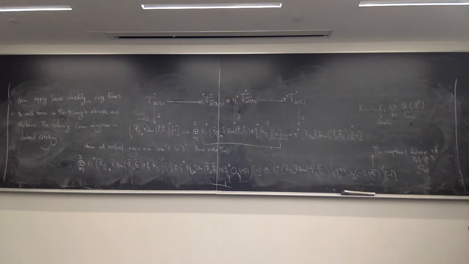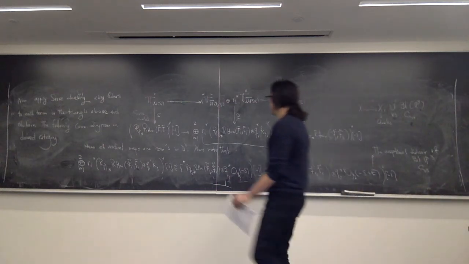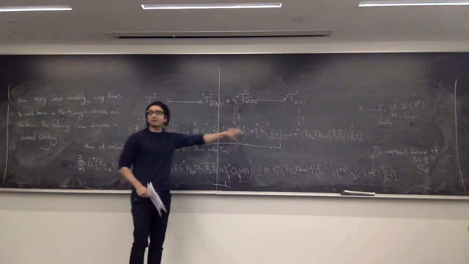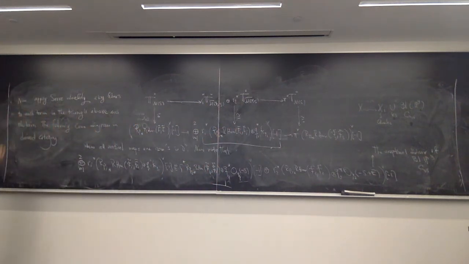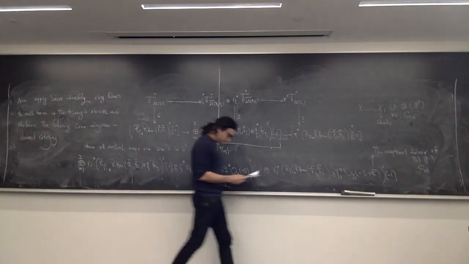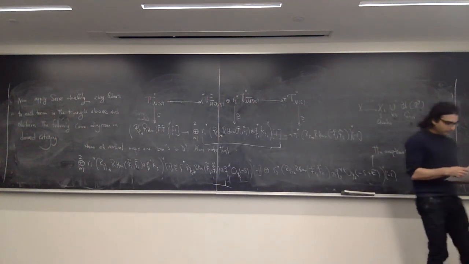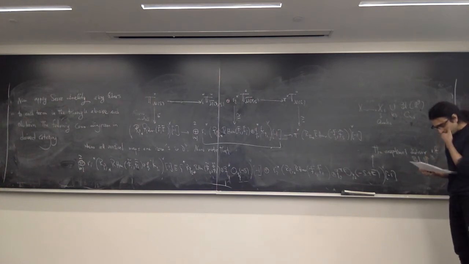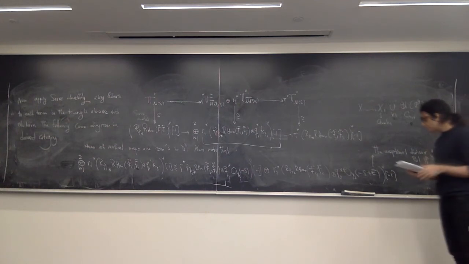Okay, so this we get. Alright, so what I need to put in is basically I need to put in this thing in the middle in here. Okay? It's not really bad actually. So this is what we get.